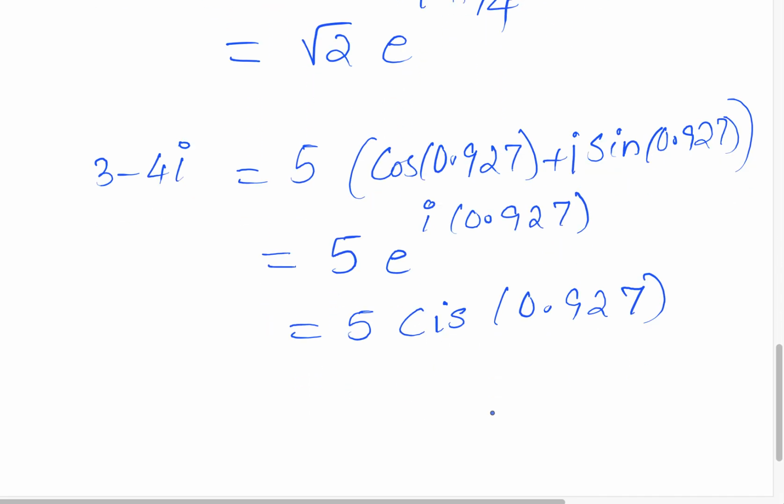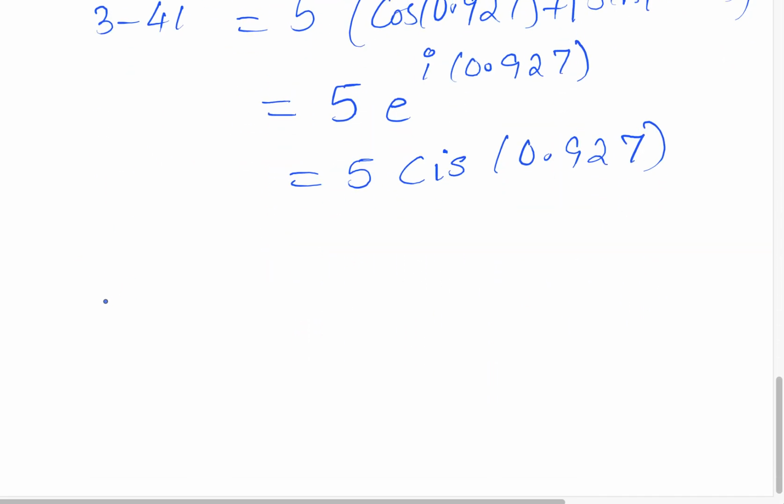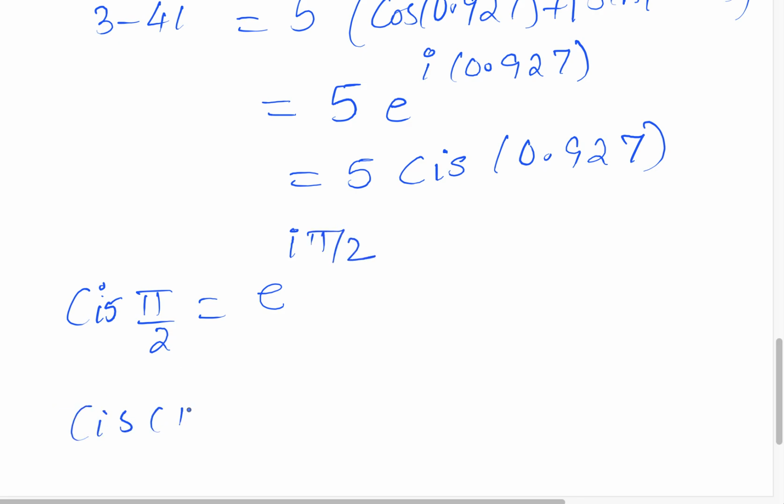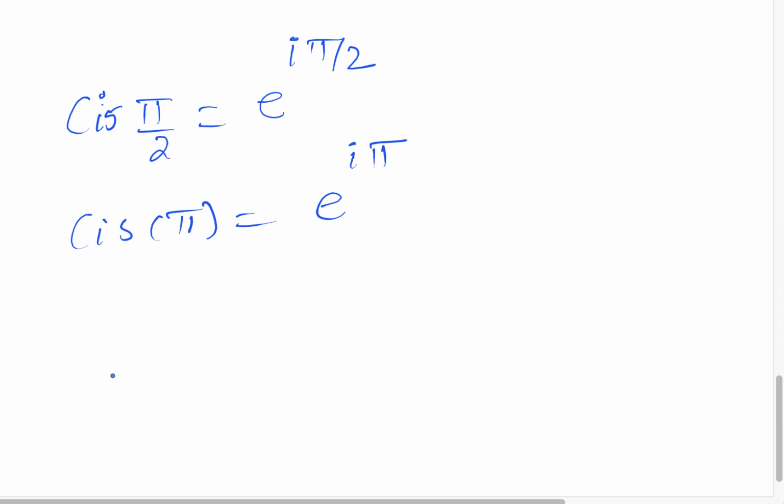Also some special numbers, like I have cis pi by 2, which is nothing but e raised to i pi by 2. Cis of pi is e raised to i pi, just to show you the equivalence. And cis of pi means what? I'm having only a real number, no imaginary part.